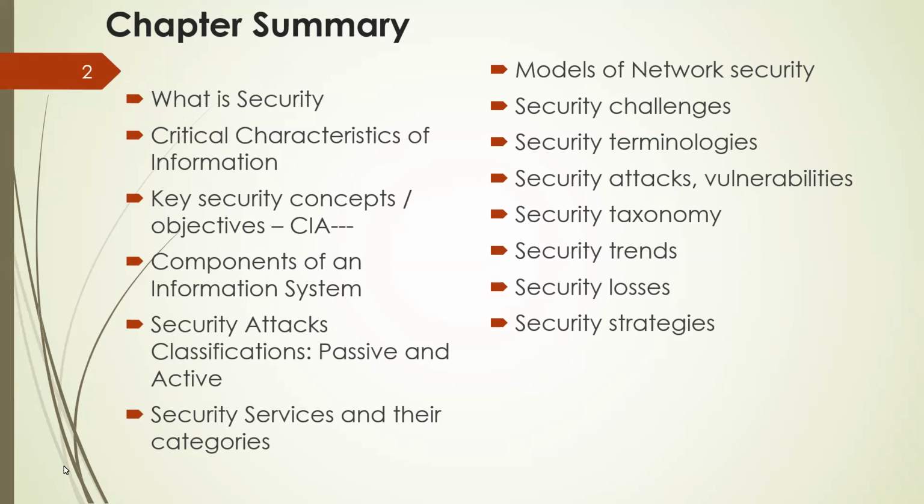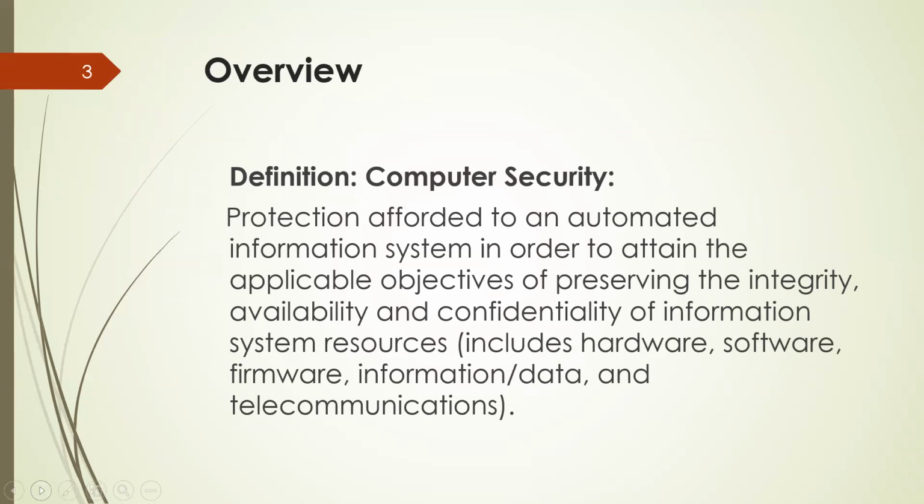Okay, so I'm keen to proceed on a quick overview. What do we term as computer security? We look at what is important within here. The wordings are quite too many, but it's the protection afforded to an automated information system to attain applicable objectives of preserving the integrity, availability, and confidentiality of the information system resources.